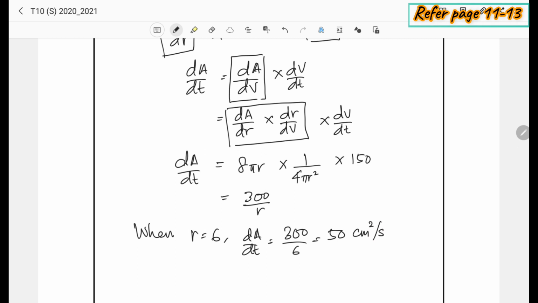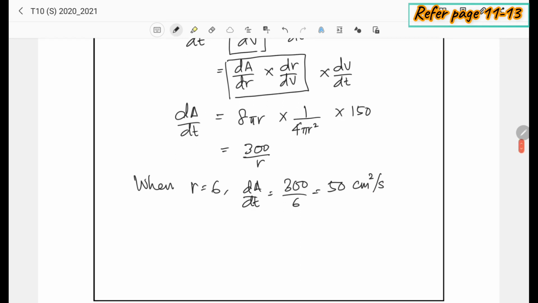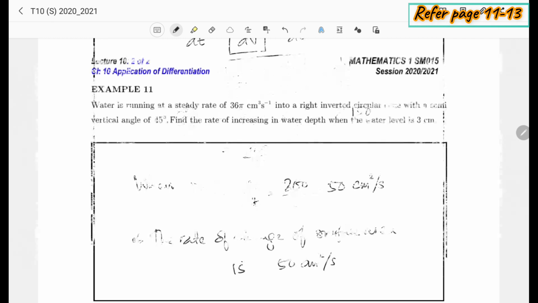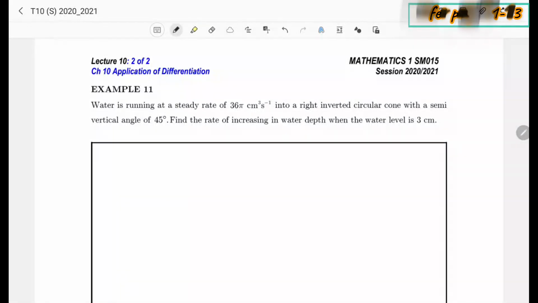Area is power of 2. Hence, the rate of change of surface area is 50 cm squared per second.